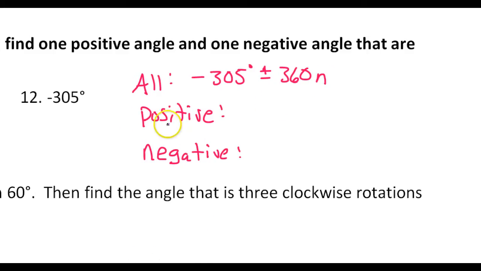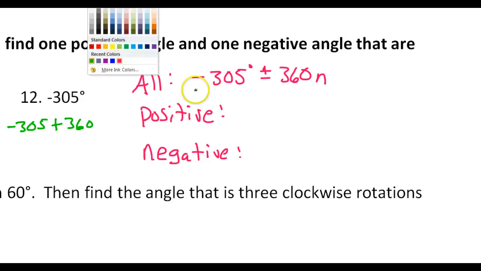So if I want an example of a positive one, I can add 360 degrees. So negative 305, which is the original, plus 360 degrees, that's going to be negative 55, that's going to be positive 55 degrees.